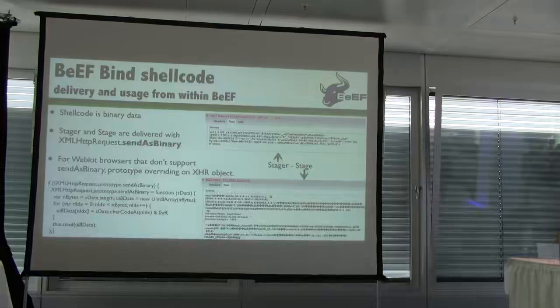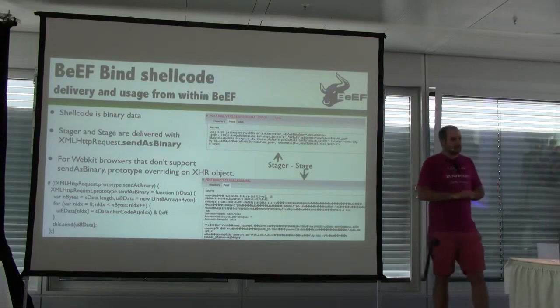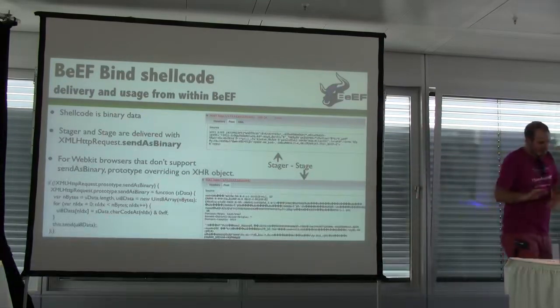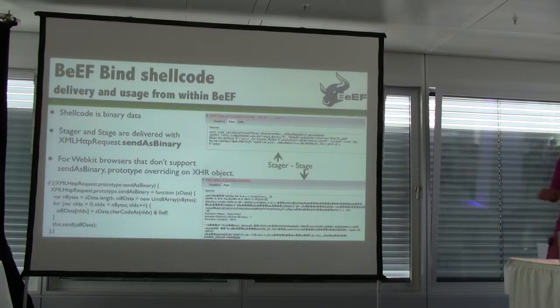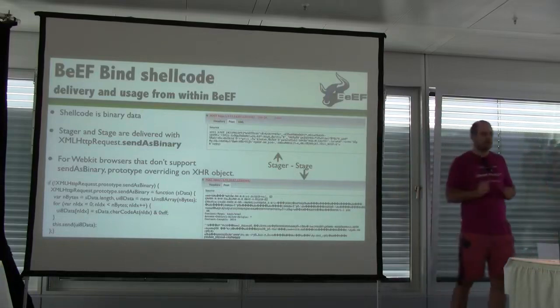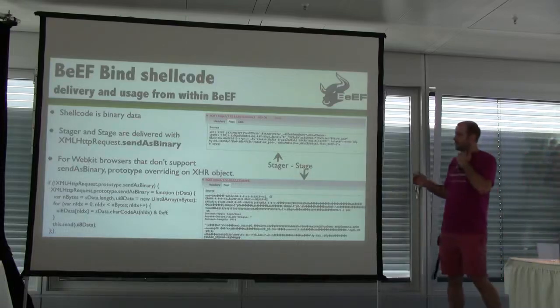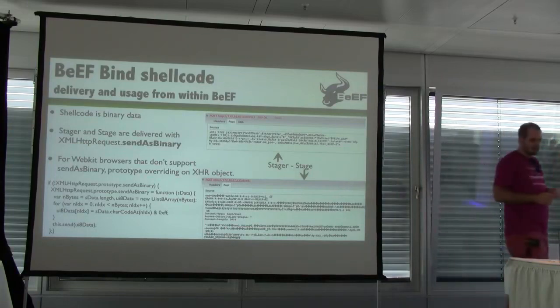So obviously, the shellcode is binary data. So the way to deal with the moment when you send the exploit, and also the moment when you send the stage, every time you need to deal with binary data, thanks to Mozilla, we love you. They implemented a great method called sendAsBinary, which allows us to send hexadecimal encoded data.